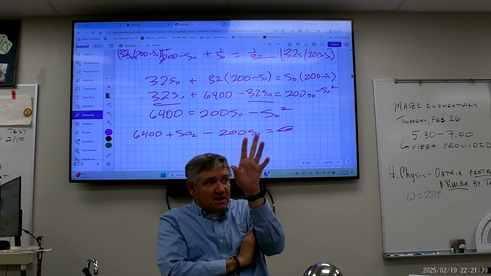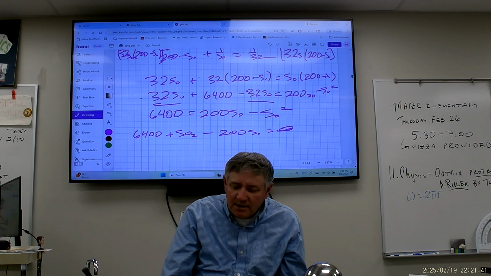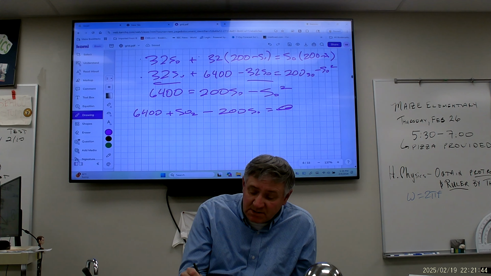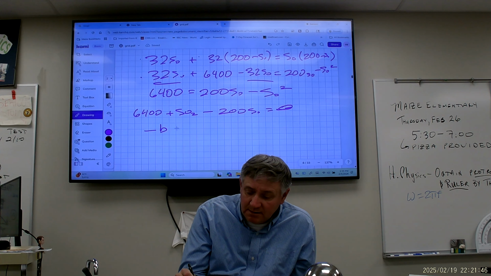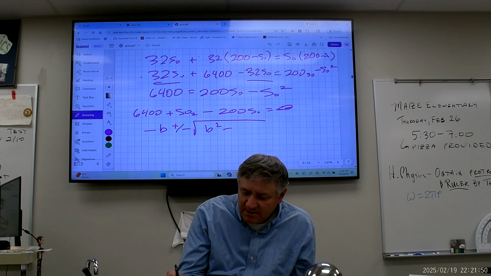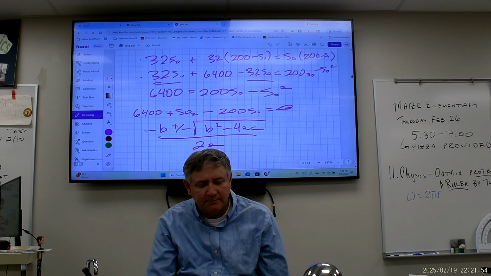All I did was move the stuff over. Now I can do the quadratic formula. What's the quadratic? Negative b plus or minus the square root of b squared minus 4ac.